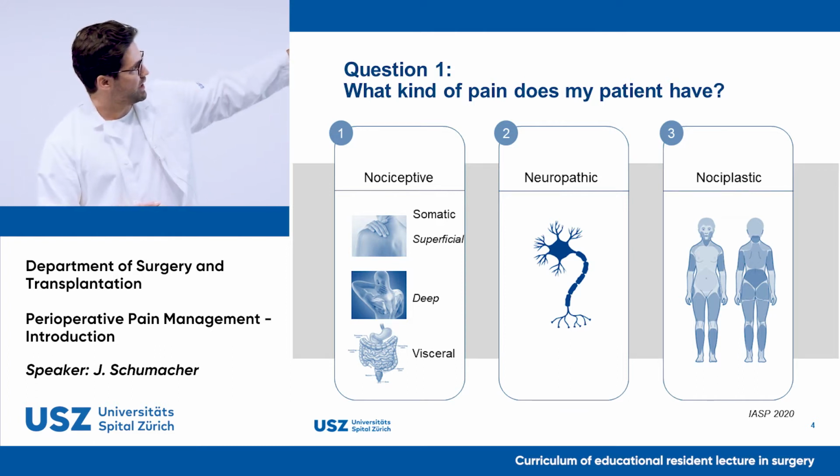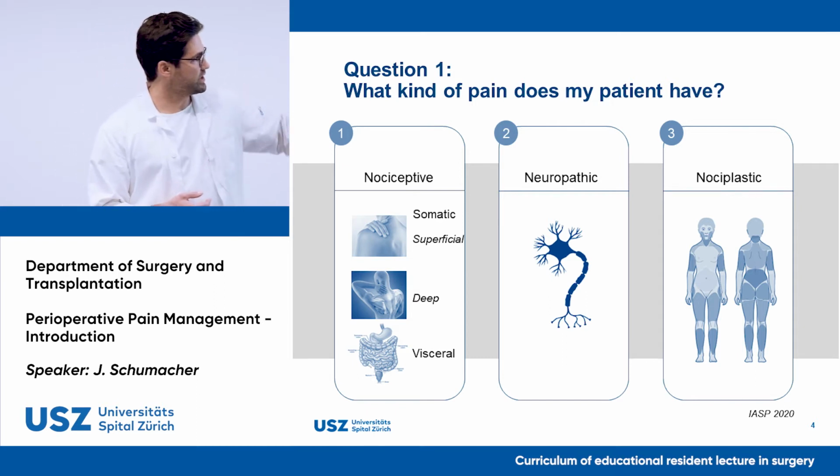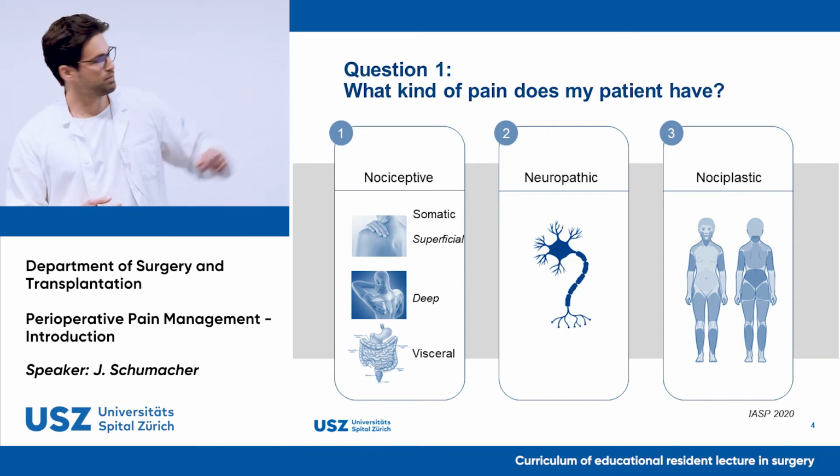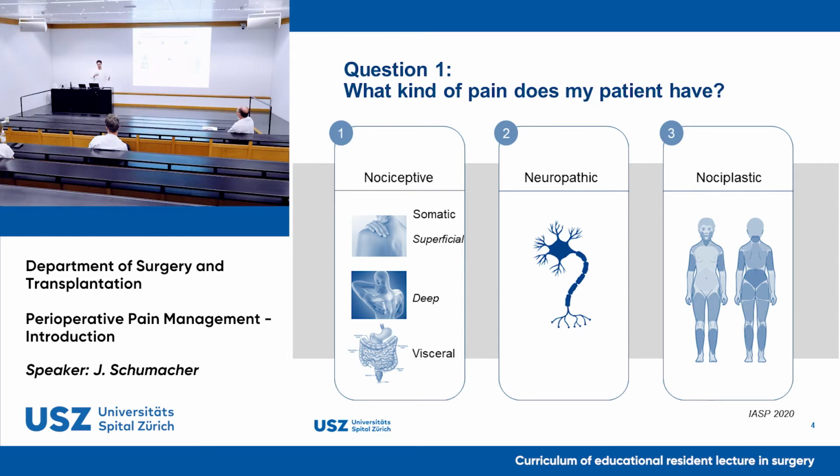Nociceptive pain can be divided into somatic and visceral pain. Somatic pain comes from superficial or deep free nerve endings in our skin, muscles, or joints. It is transmitted by fast A-delta fibers to a specific localization in our brain, the somatosensory cortex.